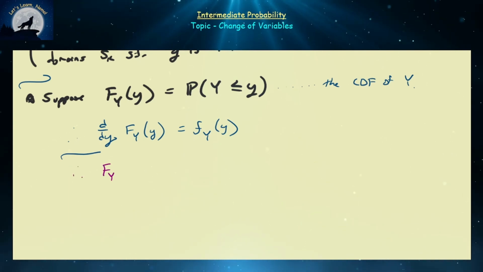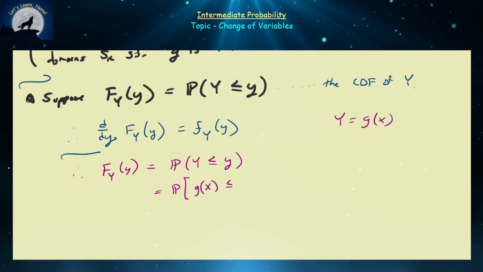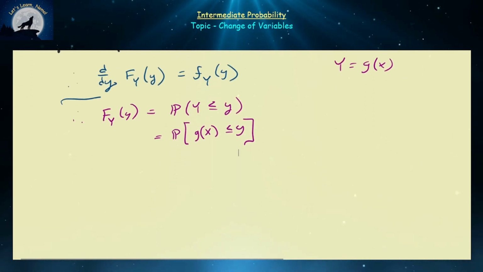So capital F of y, by definition, is the probability that Y is less than or equal to y. But Y has a new name: Y equals g of x. So we can write this instead as the probability that g of x is less than or equal to y. And then we can invert this on both sides inside of the probability statement.